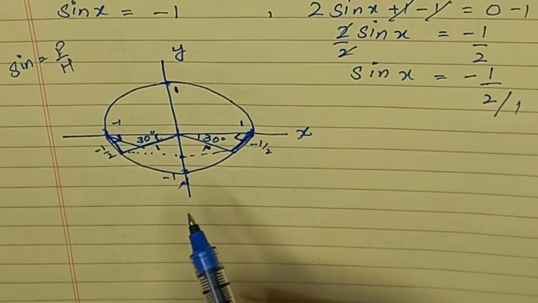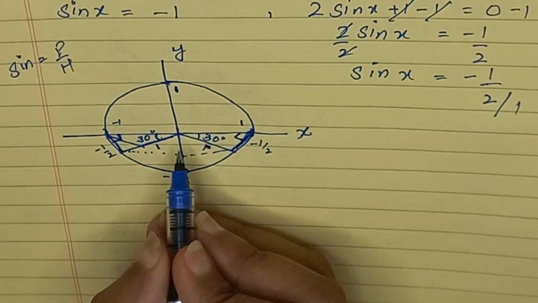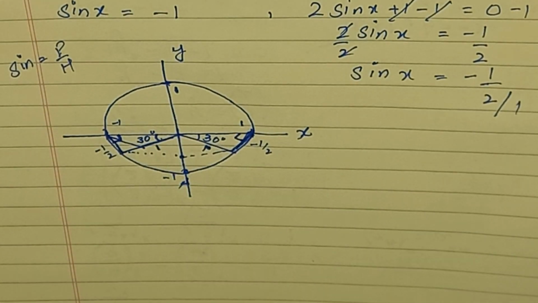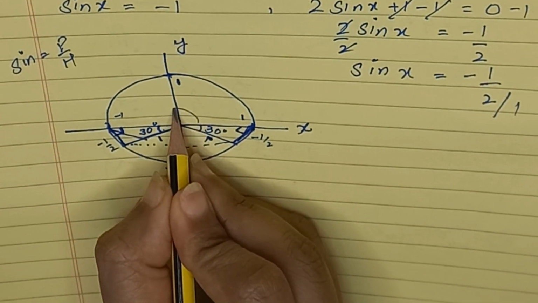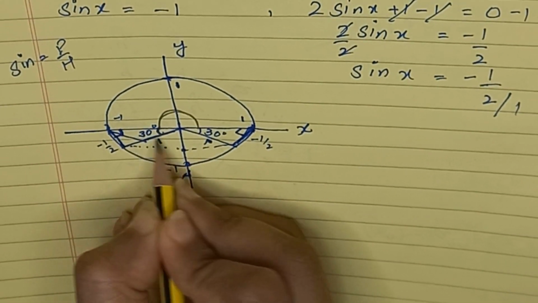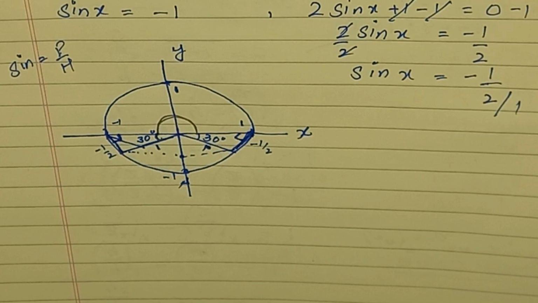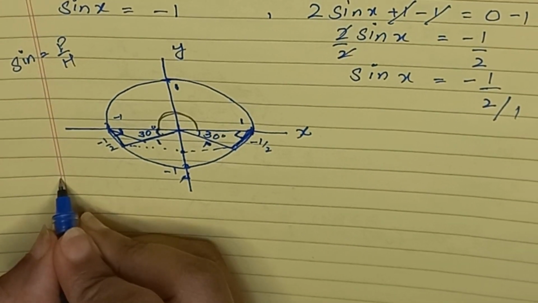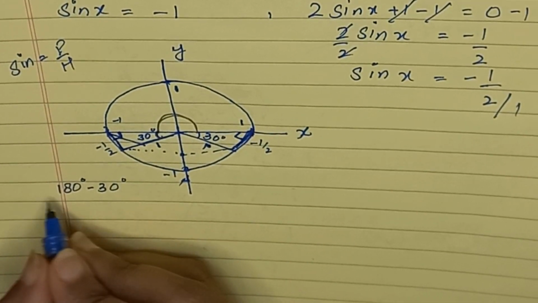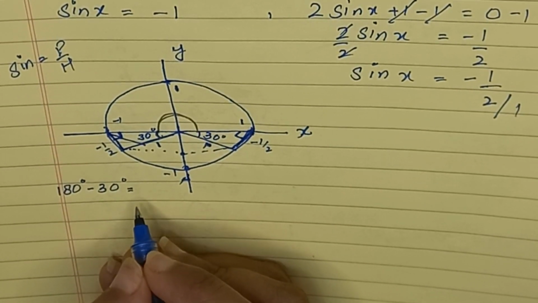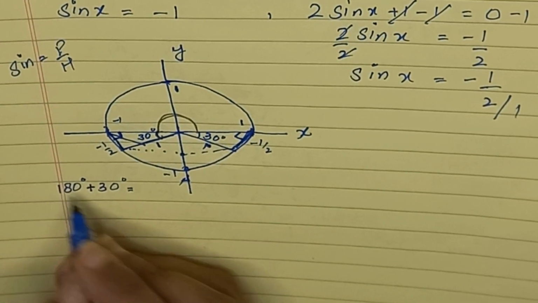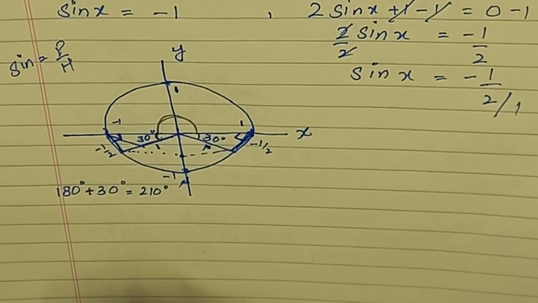Okay, now this half circle is equal to 180 degrees, and we will add 30 degrees more, so it will become 180 degrees plus 30 degrees, which will be equal to 210 degrees.